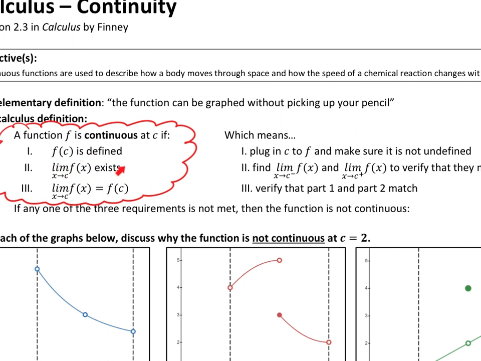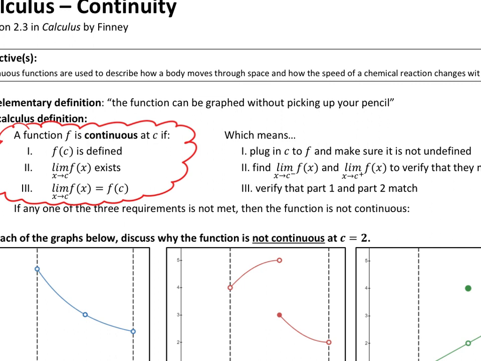For the limit to exist, we need to check the left side and the right side of the limit to make sure they're the same point. Then we take the answer from number 1 and the answer from number 2, and we verify that they're the same number. If any one of the 3 requirements is not met, then the function is not continuous.